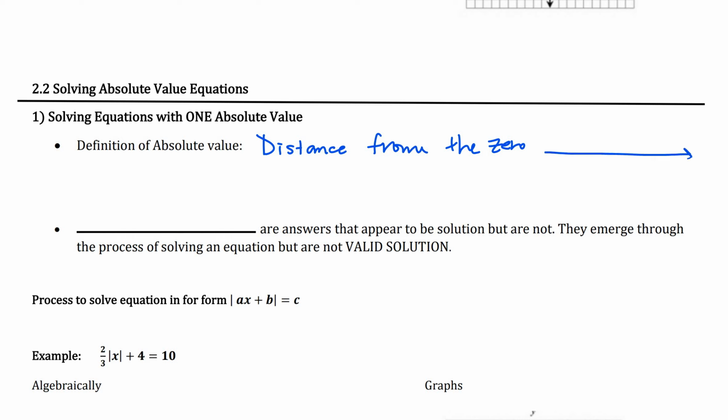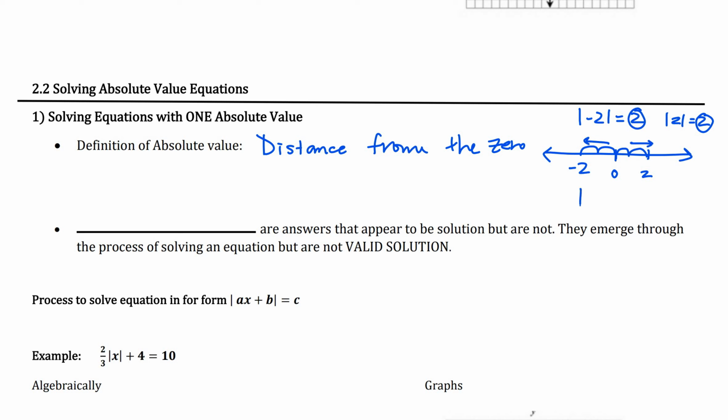For example, if we have the absolute value of 2, or of negative 2, both give 2, right? If x is negative 2, it gives 2, and if it is a positive number, it's still 2. So both outcomes are the same, because it is a physical distance, whether we go to the left or right.